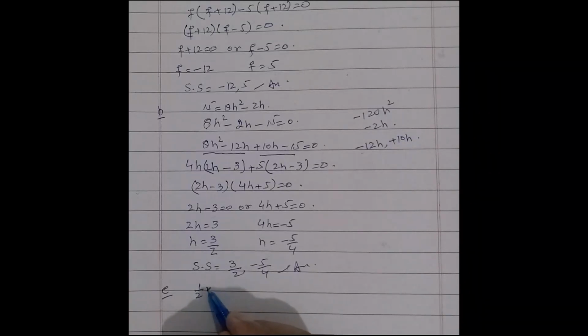Now take the C part, in which we have 1 over 2 x square minus 11 over 4x plus 5 over 4 is equal to 0. In this, the values of the question are in fractions. First we remove the fractions and then solve it.